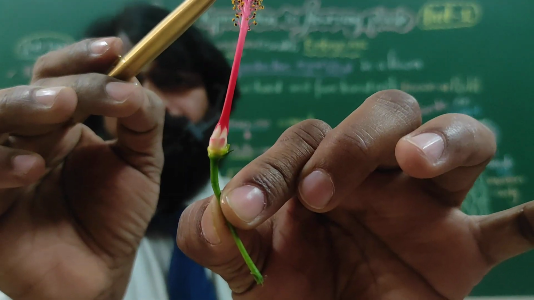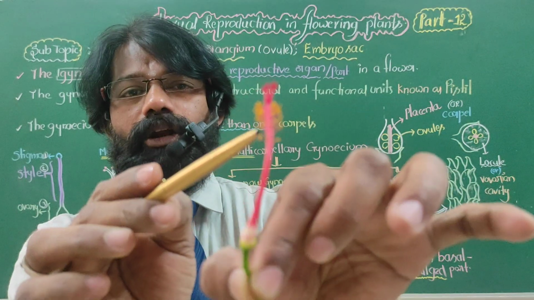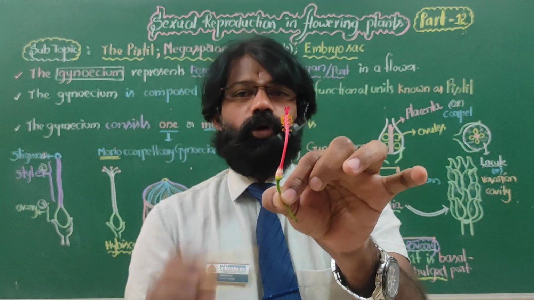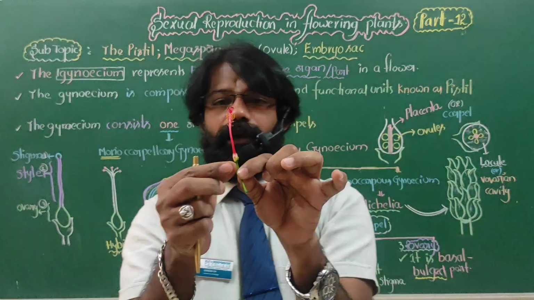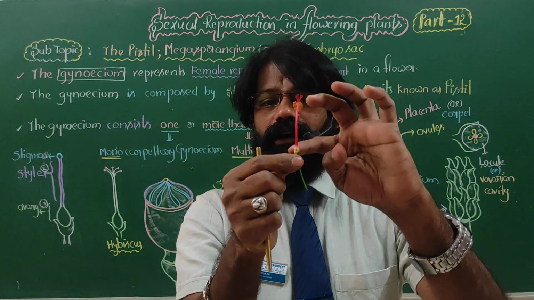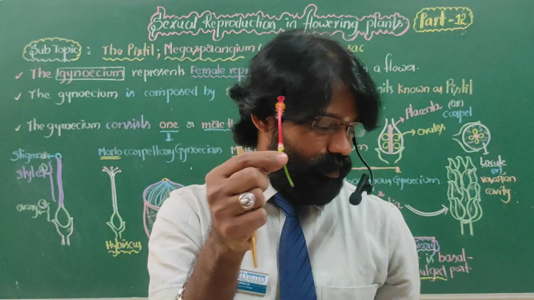This is the stigma. On this stigma there are yellowish colored structures, which are pollen grains or anthers, right? So now we need to talk about the different parts of the gynoecium and study its internal structure.